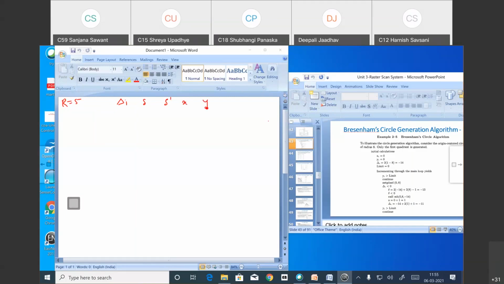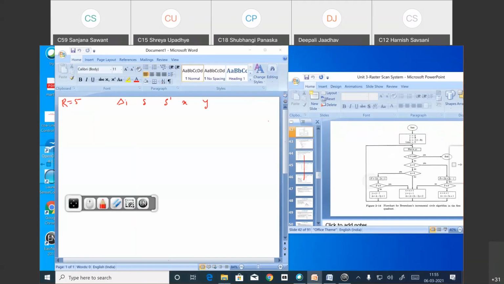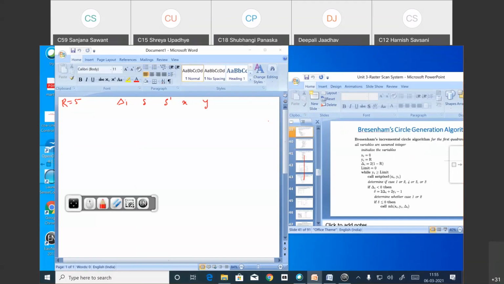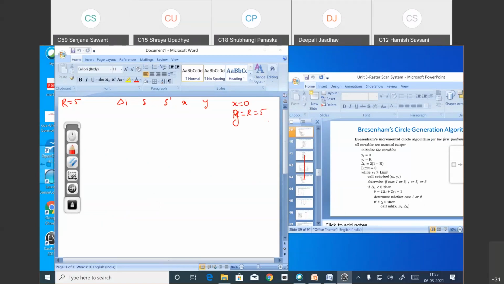Okay. Now initially, what is given here? Start with the algorithm. X is equal to 0 initially, so I write here x is equal to 0. Y is equal to r, which means y is equal to 5.